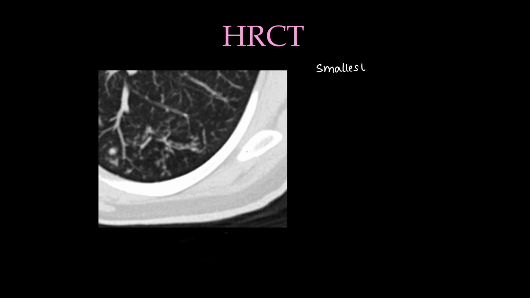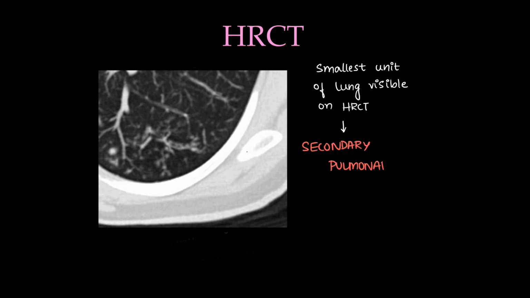So here we can see the periphery of a lung. The smallest unit of a lung visible on HRCT is the secondary pulmonary lobule. We all know that alveoli are visible on histopathology, not visible on CT, but the smallest unit visible on CT will be the secondary pulmonary lobule.